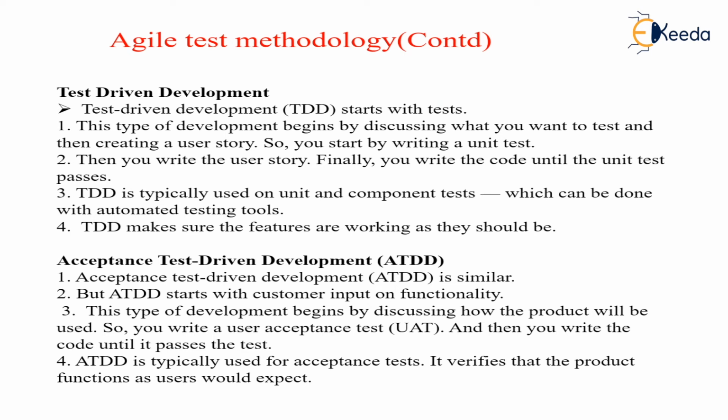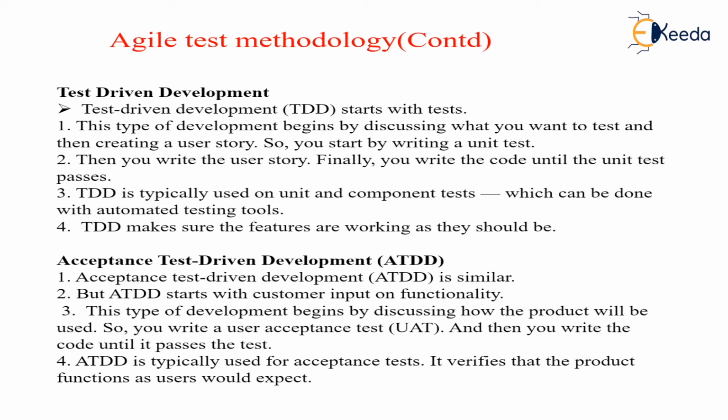This is typically used on unit and component tests, that means unit and incremental tests. The incremental components are arranged in an incremental way, like a bottom-up, top-down, or sandwich approach, which can be done with automatic testing tools. Unit tests and component testing can use different tools.